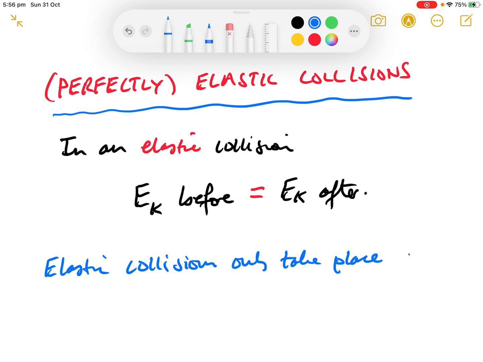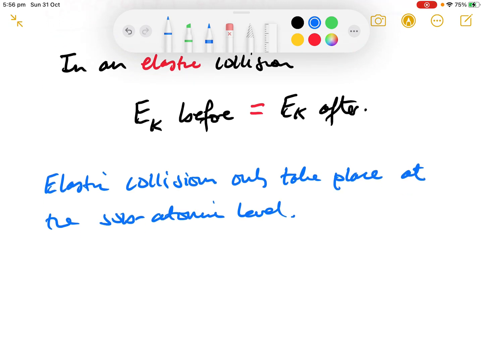Now these are quite rare, and in practice they only tend to occur at the subatomic level. So elastic collisions only take place at the subatomic level. For example, two protons colliding.